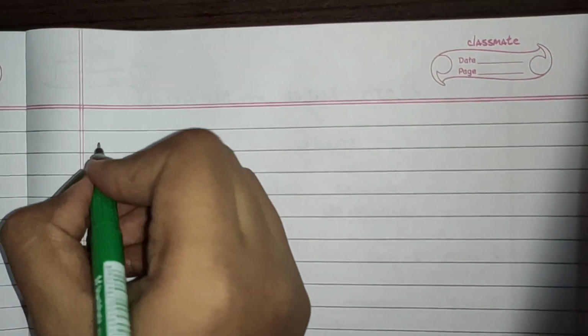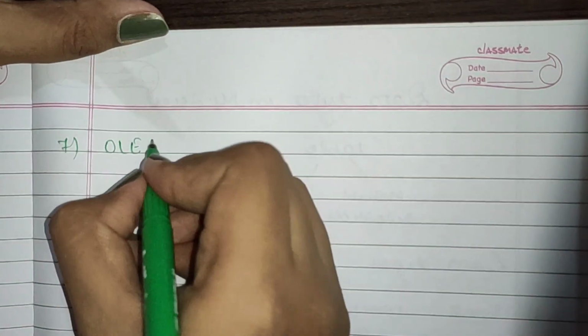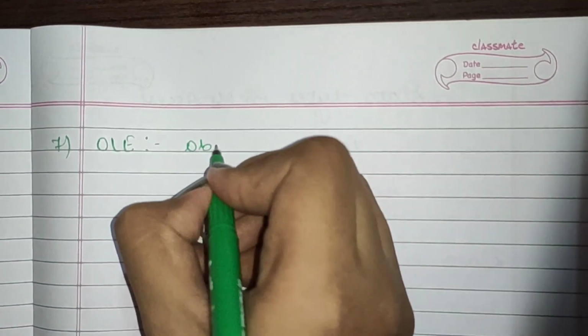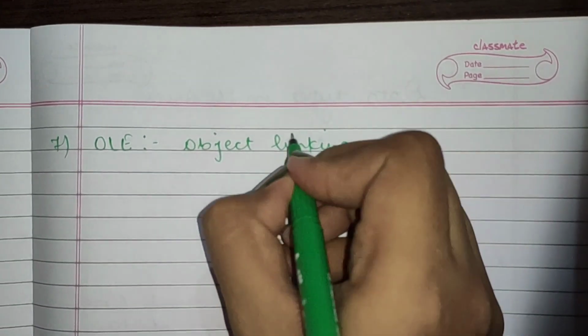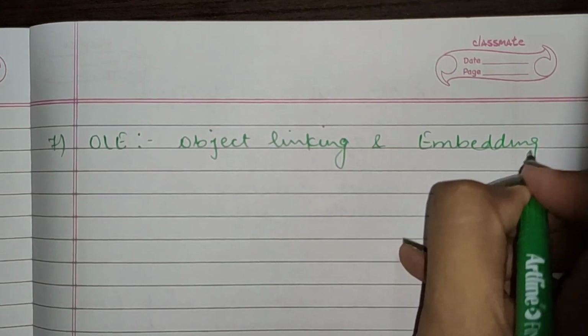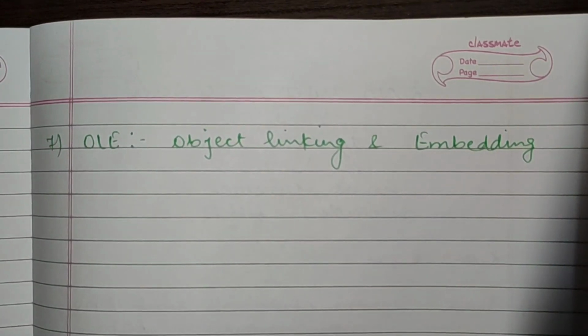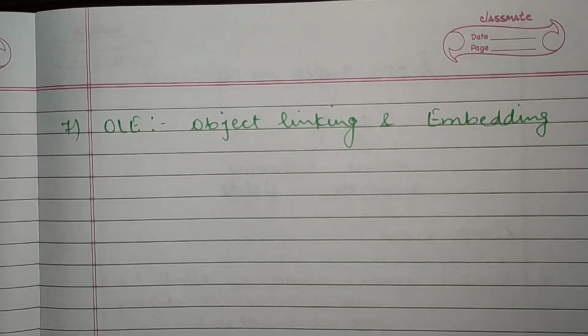Next is OLE data type. Seventh data type is OLE data type, object linking and embedding. What do you understand by it? It is used to embed an object created in another application. For example, you want to embed any PowerPoint presentation or Excel spreadsheet into your Access table.